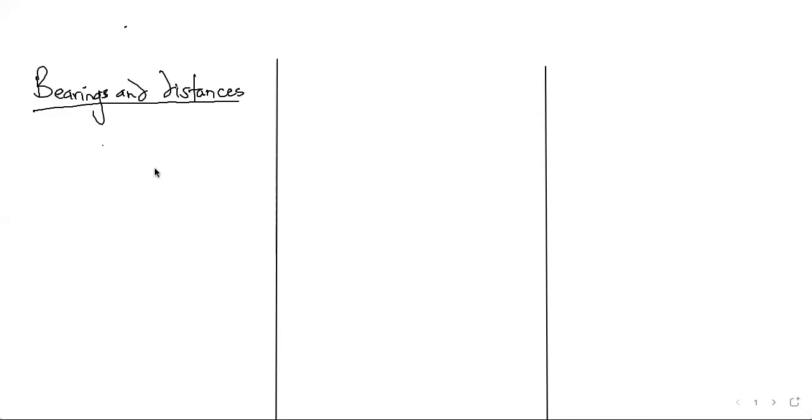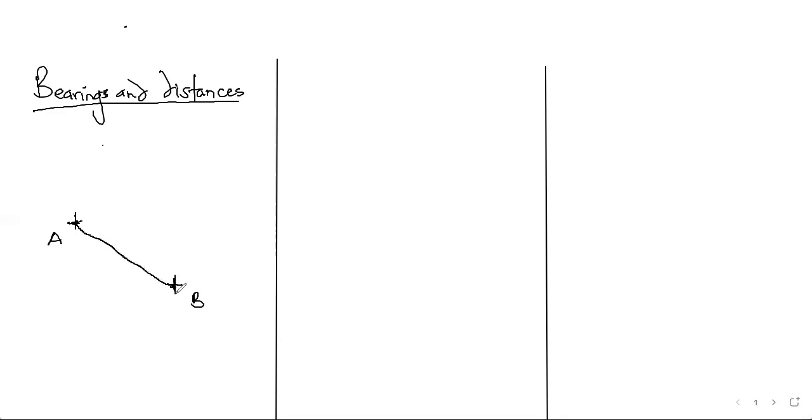Now, bearing is simply a way of representing the direction of a point relative to another point. For example, let's say I'm here at this point, I call this point A, and I want to locate the direction of another point B relative to point A. So I want to know where this point B is from this point A. I can use bearing to represent that direction.